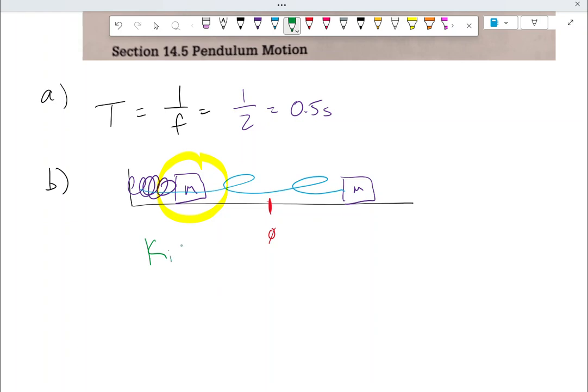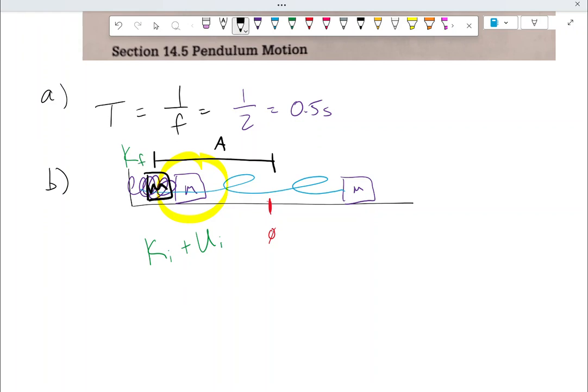So say initial kinetic energy, but it's also going to have potential energy because it's displaced some distance from equilibrium. Eventually it's going to reach its maximum displacement, say right here, which would be the amplitude. And at that point, it's only going to have potential energy.